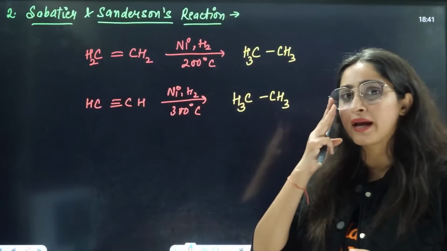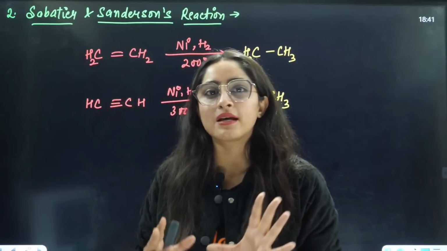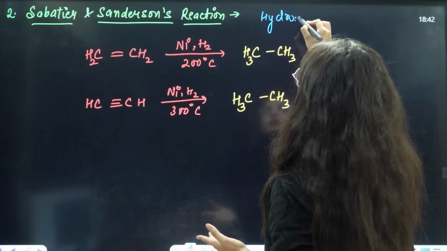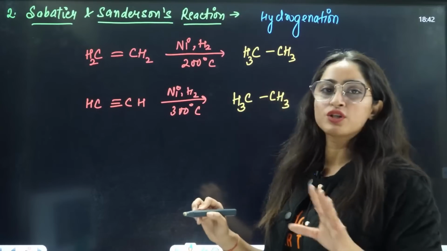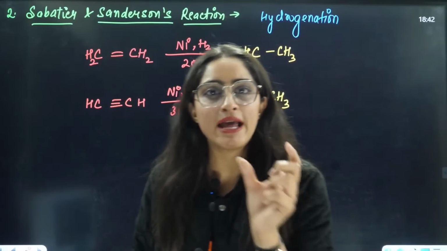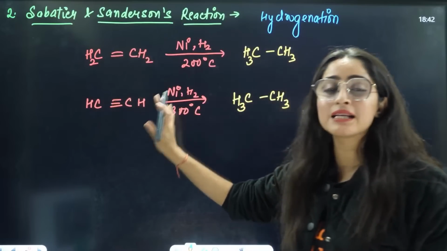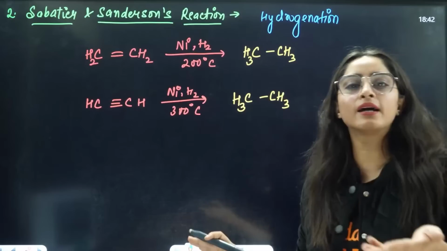Then we have Sabatier-Sanderson reaction. This is basically a hydrogenation reaction only, right? This is nothing but a hydrogenation reaction. In this hydrogenation reaction, you have alkene or alkyne. Now this alkene or alkyne is converted to alkane with nickel as a catalyst.